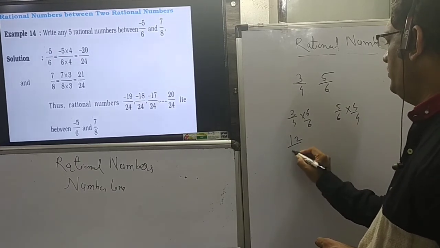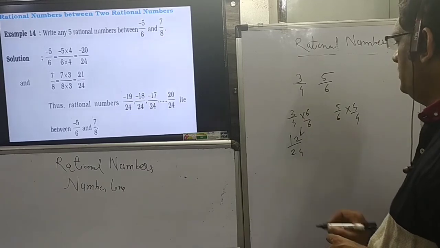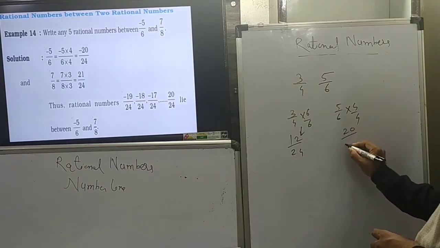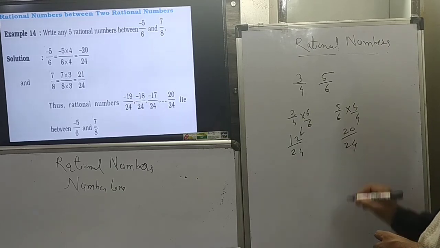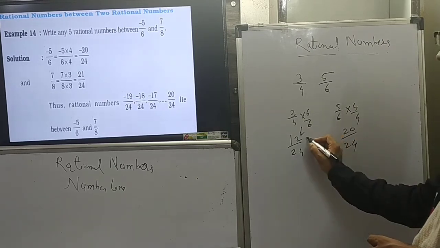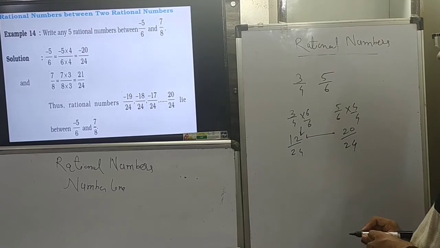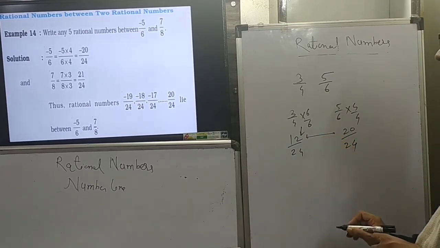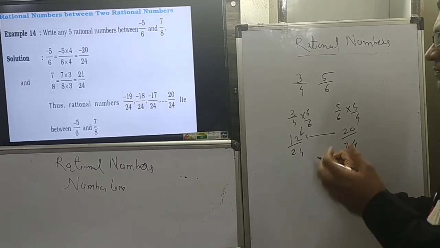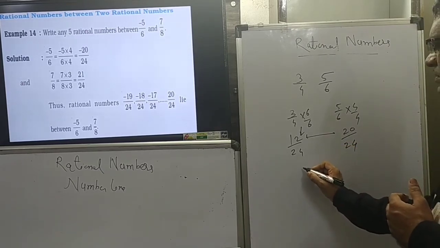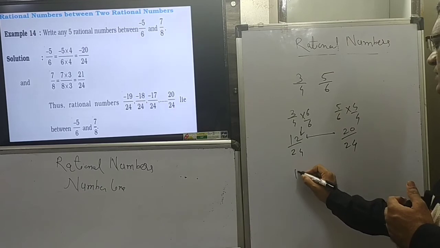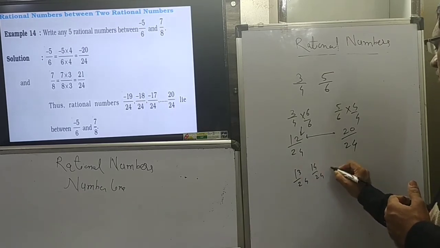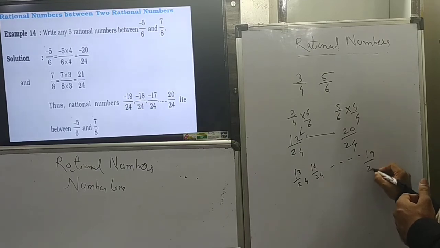Then this rational number becomes 18 by 24 and this becomes 20 by 24. If you want to find rational numbers, there are a few by this method, and if we want a lot of rational numbers between these two, there are 19 by 24 and so on.